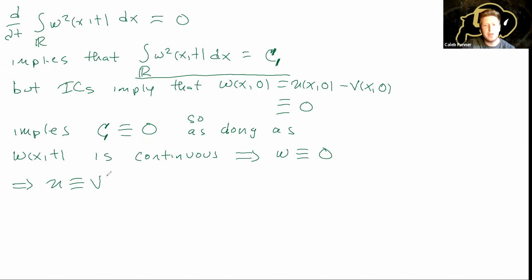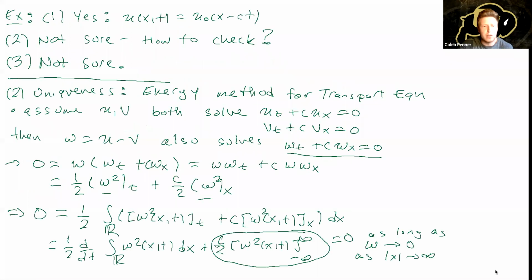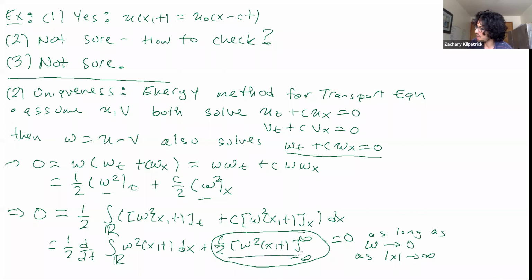Our other assumption that W goes to 0 as x goes to infinity, is that one motivated more by U and V? I guess, how do we assume that one? Yeah, I mean, because otherwise you can't evaluate this limit. So usually you're going to get the most definitive results on bounded domains.